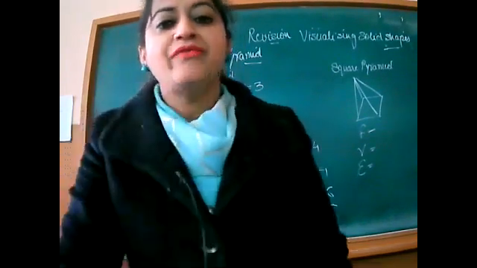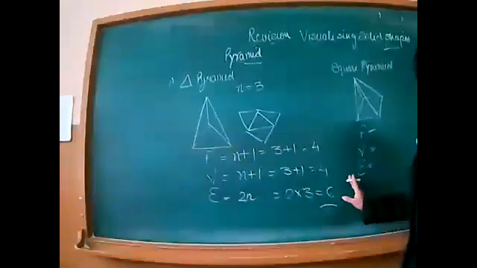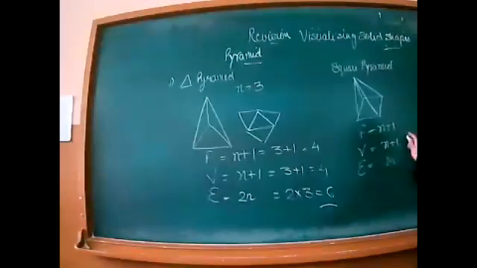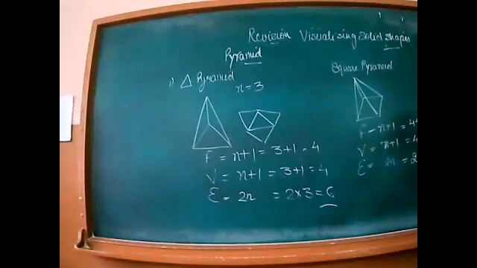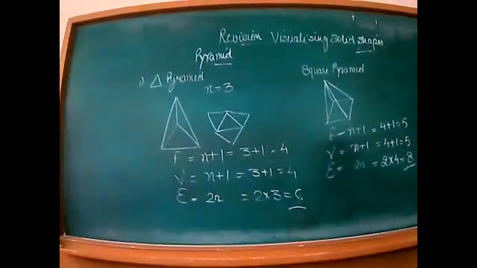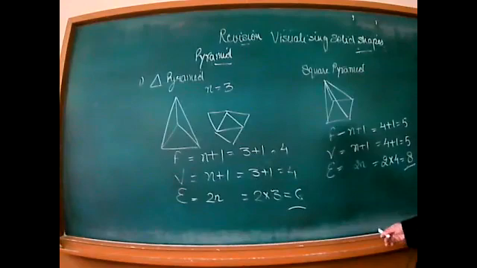You don't have to multiply the answer. n plus 1, n plus 1, 2n. You will put n as 4: 4 plus 1, 5, 4 plus 1, 5, and 2 into 4 is 8. Okay. So these are the faces, vertices, and edges.